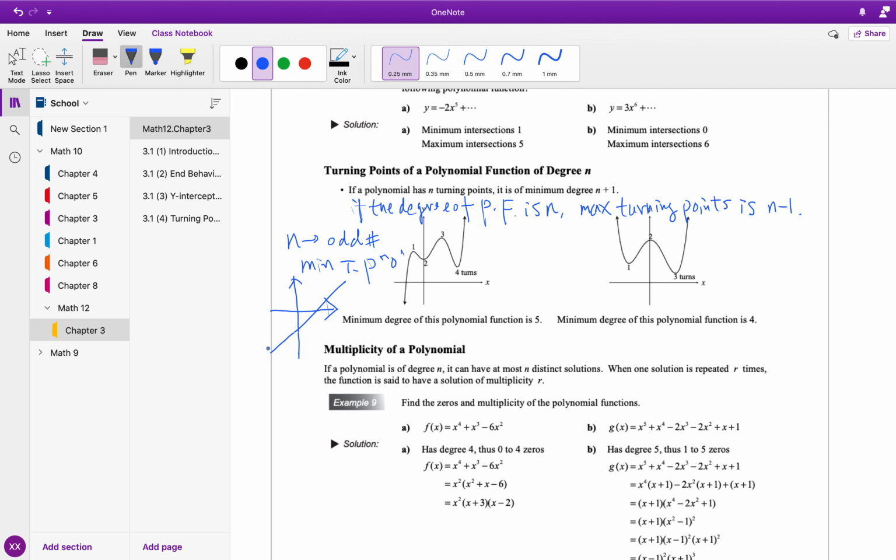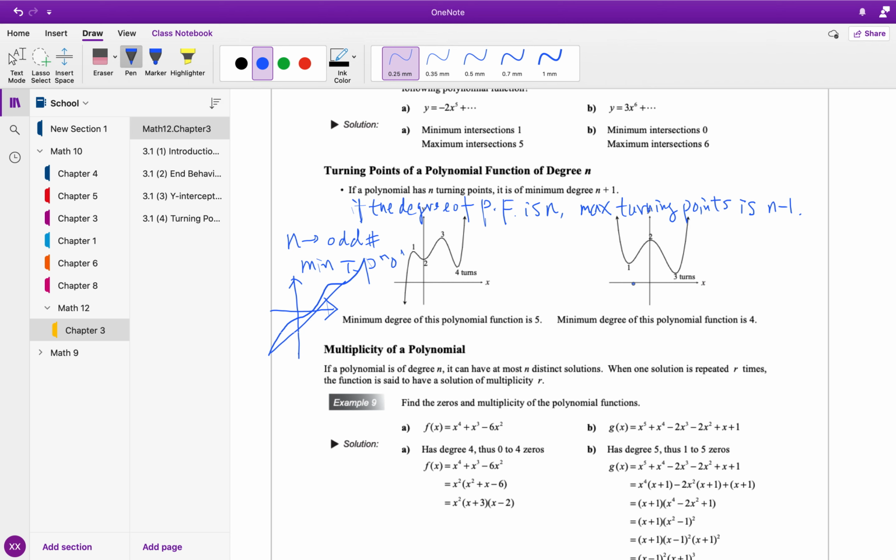If you have a degree 3, it could cross here and here and have different turning points, but the maximum will be n minus 1, which is 2.